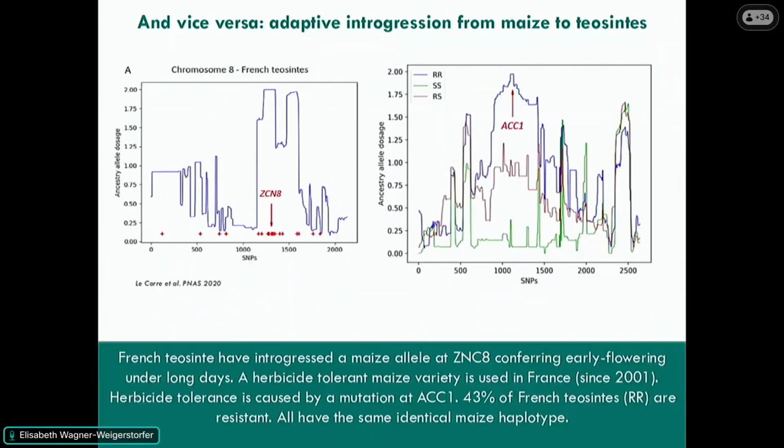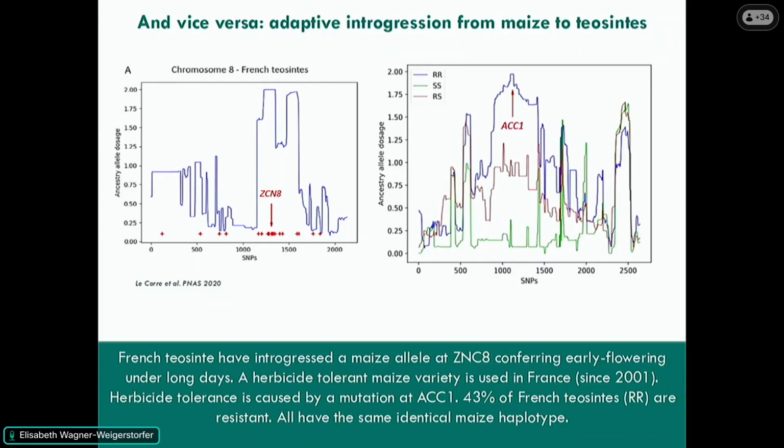So first, what we performed is the genome scans, and we looked at all the regions along the genome that differentiate the Mexican teosanthes, so the Mexicana, from the French teosanthes. And so the little red stars here that you can see along this chromosome 8 are the potential targets of selection.